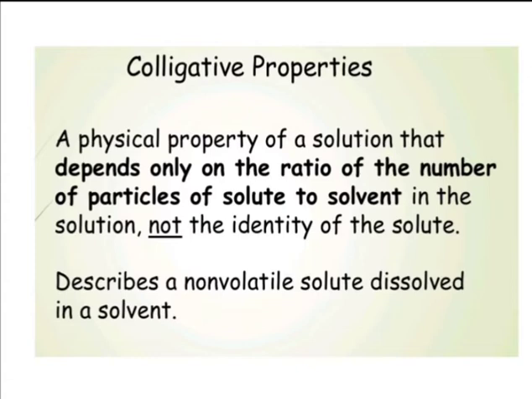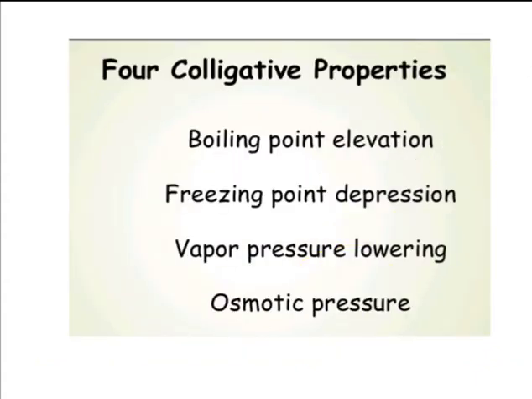So simply, the colligative property depends upon the number of solute particles dissolved in the solvent, and it describes a non-volatile solute dissolved in a solvent. And here are the 4 colligative properties. First one is boiling point elevation, that is increase in the boiling point.